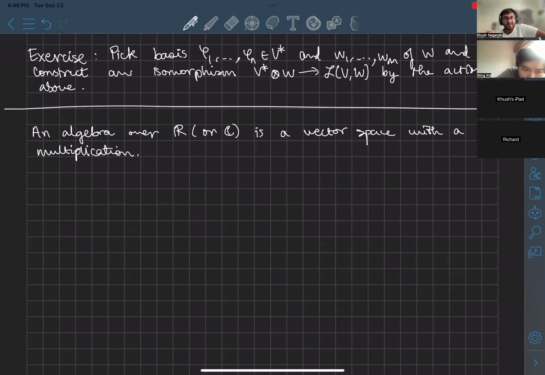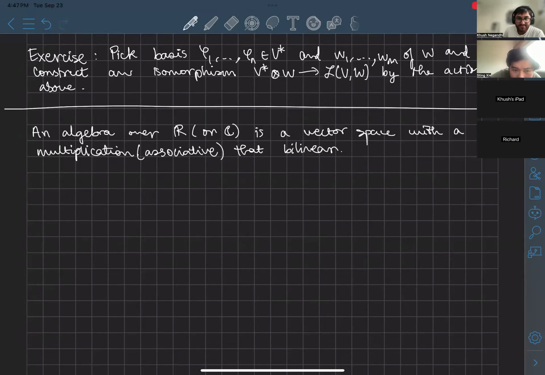The multiplication need not be associative. Sorry, it must be associative, but it doesn't have to be commutative, nor does it have to be unital. But it has to be bilinear, and bilinear just comes down to it being distributive.